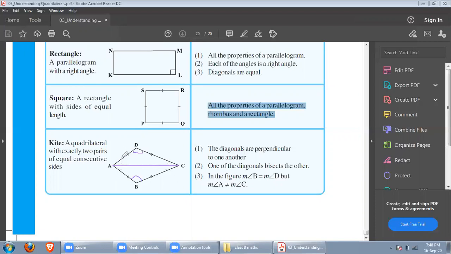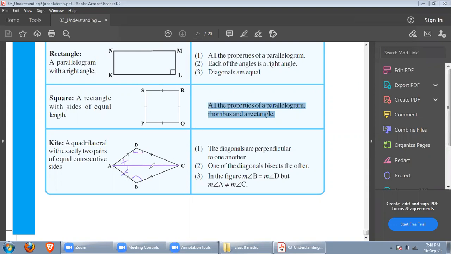Why? Because for the two triangles, corresponding parts of congruent triangles are equal. If I say ABC for the first triangle, then for the second triangle, it will be called ADC.